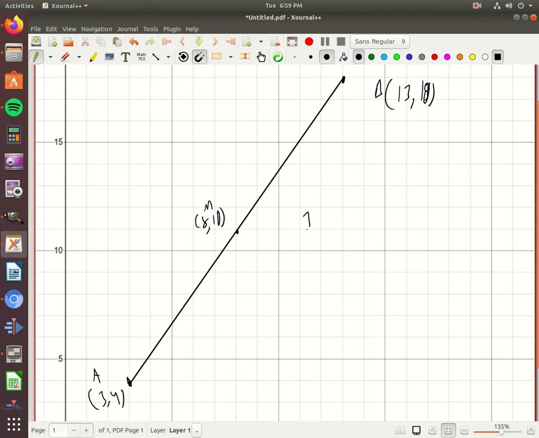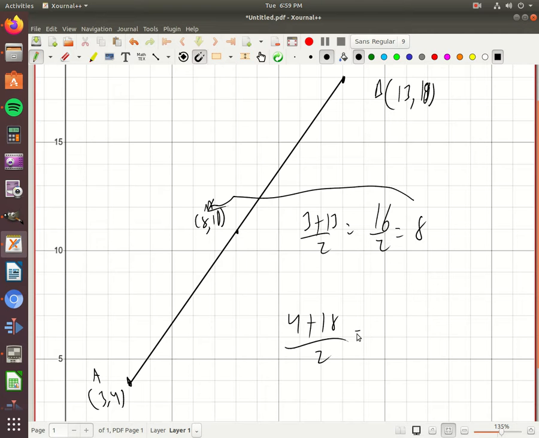To get this 8 is 3 plus 13 divided by 2. 16 divided by 2 is 8. And to get, remember, this is 18, not 13. So 4 plus 18 divided by 2, 22 divided by 2 is 11. So I have 2 screw-ups in this video I need to go back and mark. So there we go. There's our 8, 11. That's how we're going to get the midpoint.